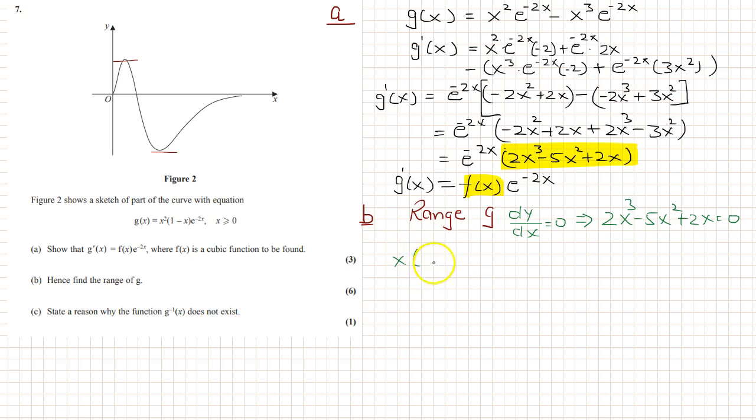We take x common, so this is x(2x squared minus 5x plus 2) is equal to 0. X cannot be 0, so this implies 2x squared minus 5x plus 2 is equal to 0. So if we simplify, we will get this.